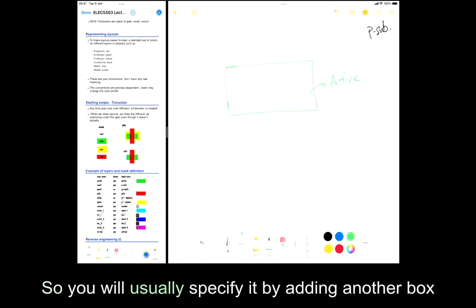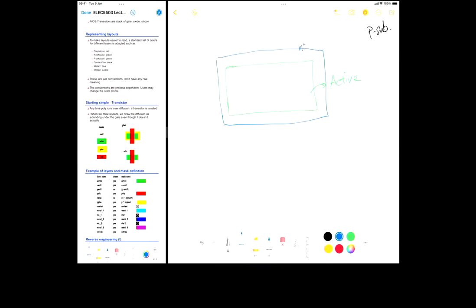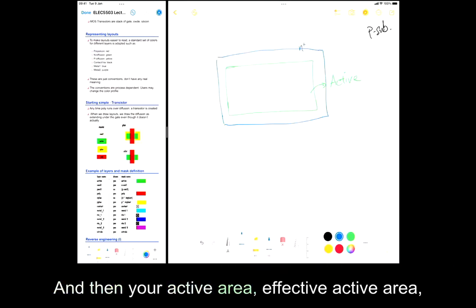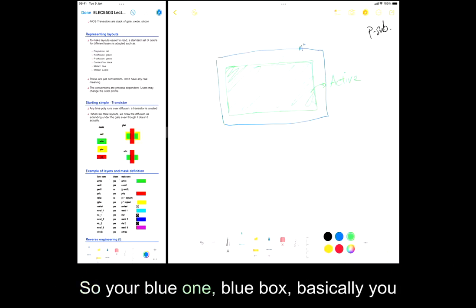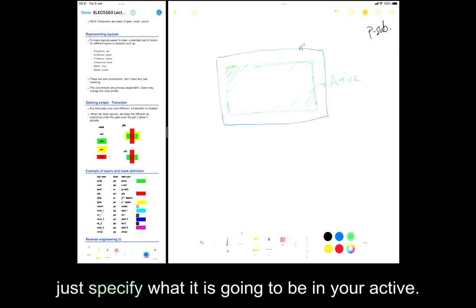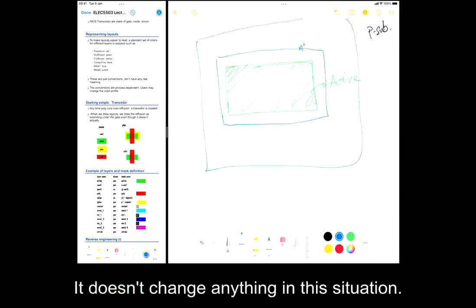So you will usually specify it by adding another box outside your active, saying, okay, this is my N plus. And then your effective active area is this part, the green part. So with your blue box, basically you just specify what it is going to be in your active. So you can make it as large as you want. It doesn't change anything in this situation.